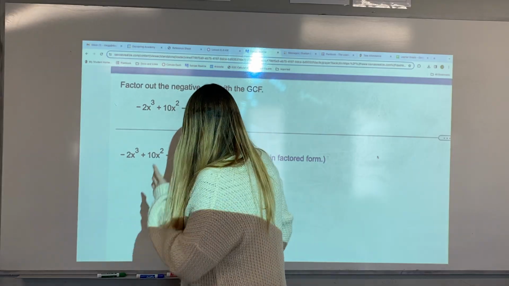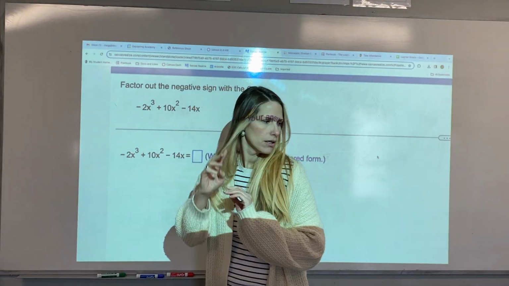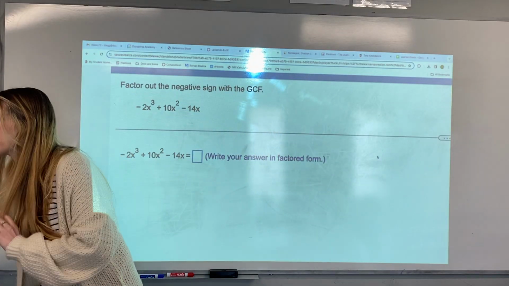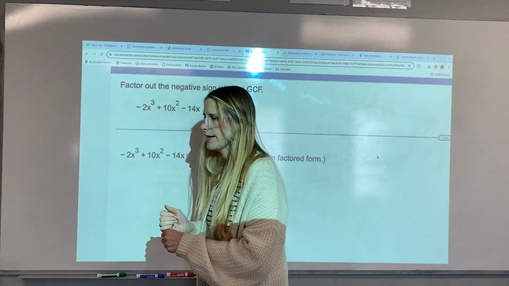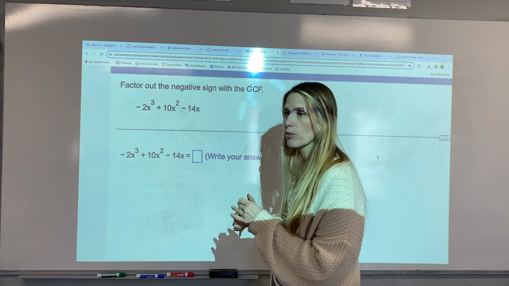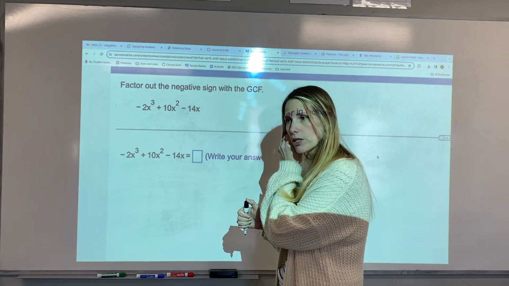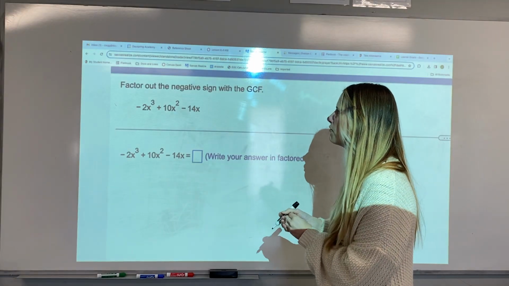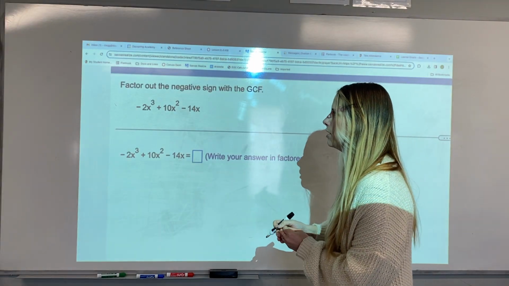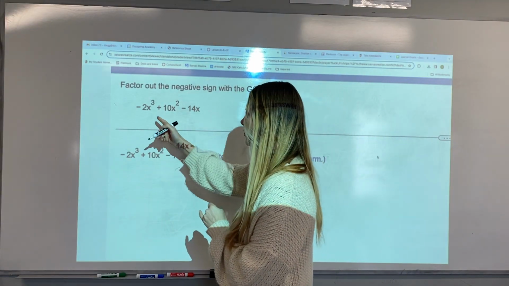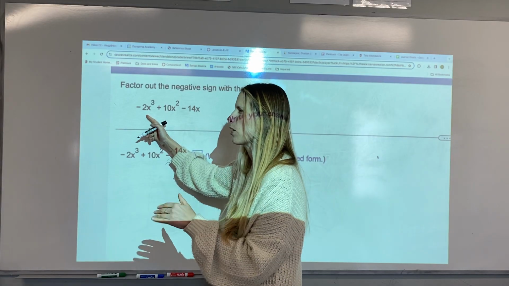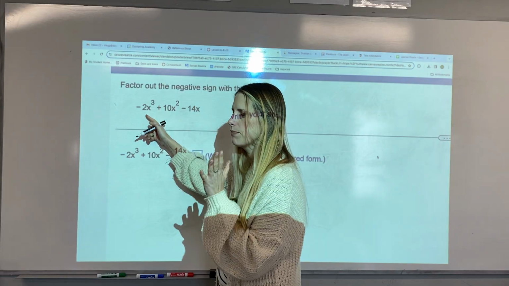All right, so the next question asks you to factor out the negative sign with the GCF. So we're gonna do the same thing that we just did. We're gonna factor the polynomial by pulling out the GCF and dividing, but we're also gonna factor out the negative sign because polynomials that start with a negative need to have that negative sign factored out. We don't like polynomials to start with a negative.